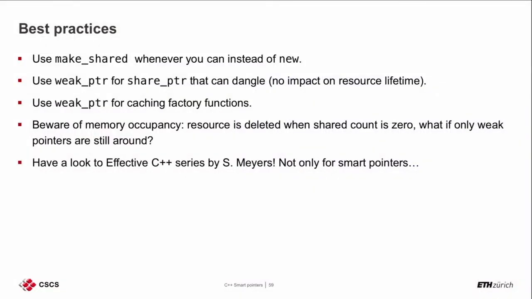I think shared pointers are great when you have to reason about ownership, right? Who owns this stuff? There's nothing wrong with passing a raw pointer to a function, as long as it's clear that the function will not own the piece of memory.